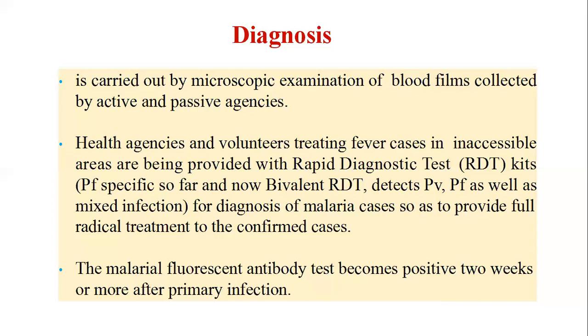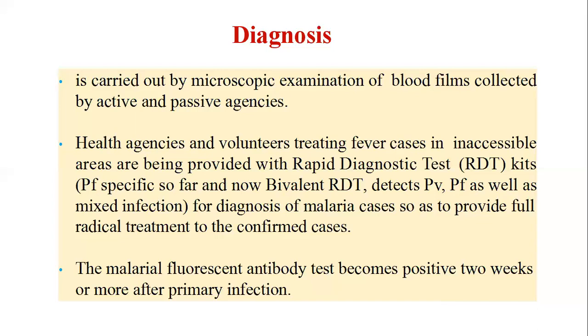And if you go for further study, you can use the malarial fluorescent antibody test to confirm whether Plasmodium species are present or not, but only 2 weeks or more after primary infection.